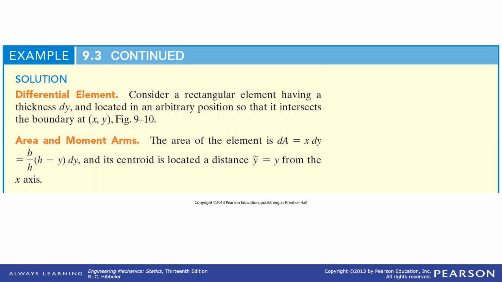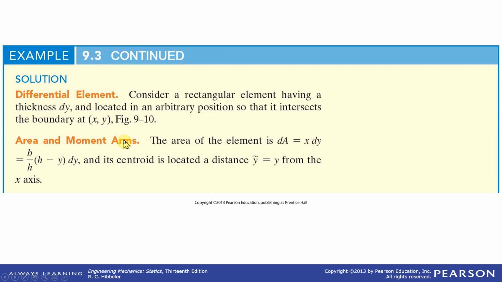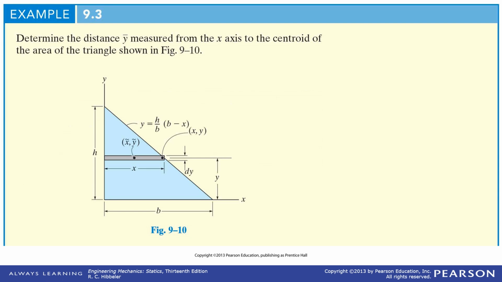So dA, x dy, just like we talked about. We're solving for x right here. b divided by h times h minus y, that's solving for x. What is the x coordinate?